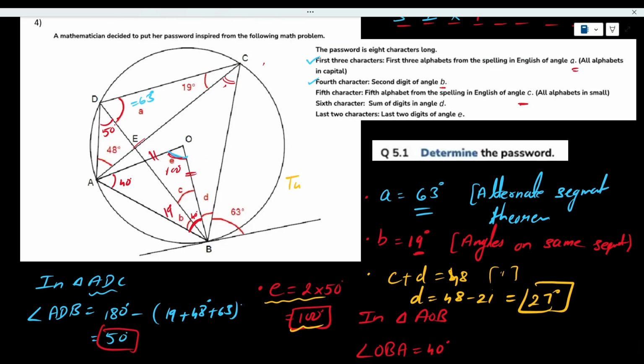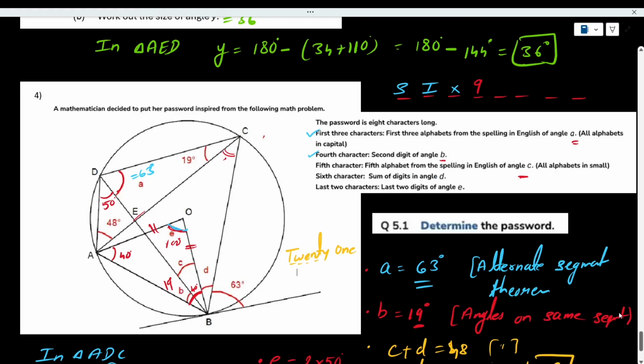So if I write down here 21, they are saying fifth alphabet: 1, 2, 3, 4, 5, which is going to be T, right? So this place you are going to fill with T because it's the fifth alphabet. So I can write down here small t because the alphabets are written in small. So this is t, right?